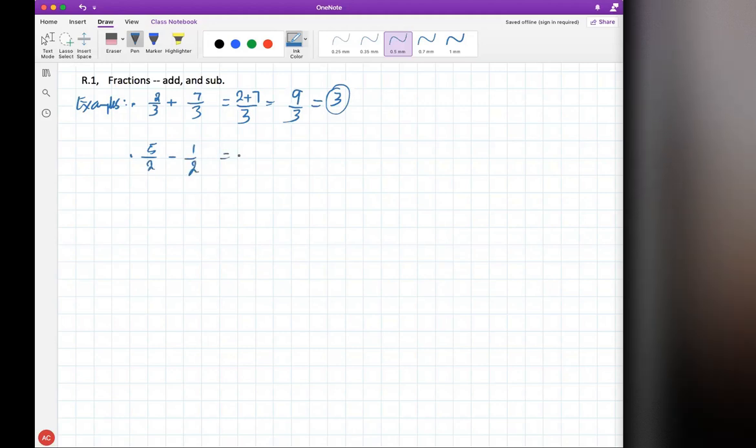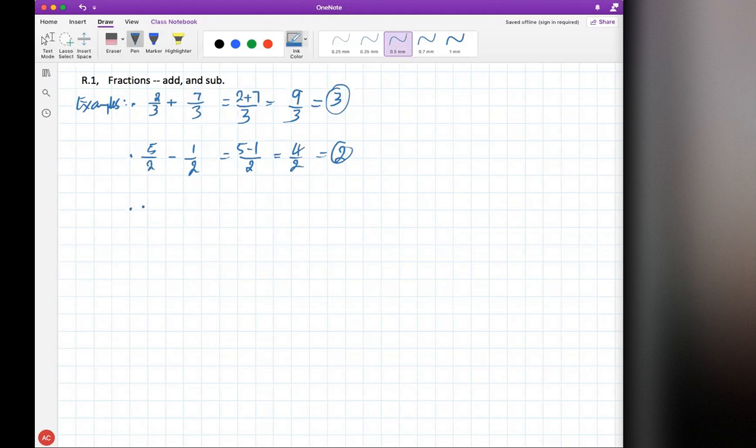Luckily, the denominator is the same, so we can go ahead and subtract. The denominator stays the same. You just subtract the top numbers, so we end up with 4 over 2, and that's 2. Reduce your answer. When the denominator is the same, no big deal. It's very simple. Add, subtract, that's all.